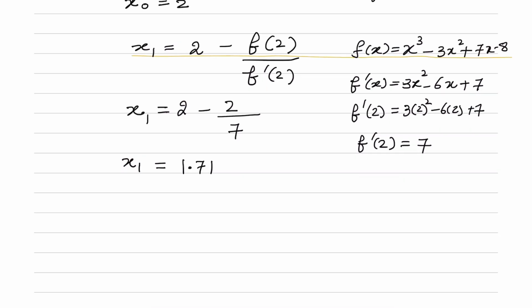1.71. So in bisection method and false position method, we were picking the right intervals, and somewhere in those intervals there was the root. But here in Newton-Raphson method, we don't have to find the interval. We keep on finding the successive x values. Now we find x1.